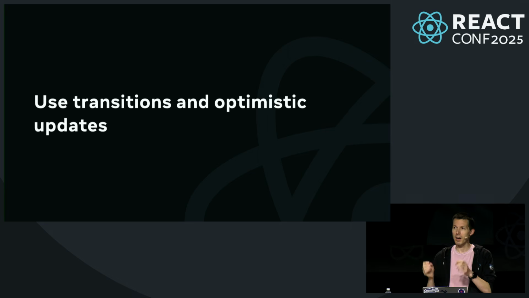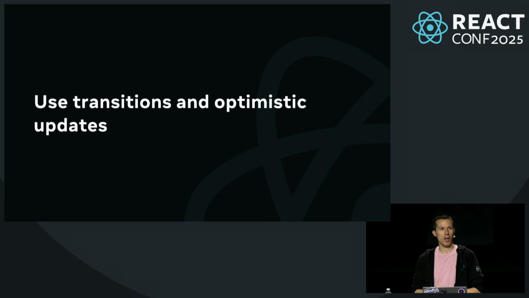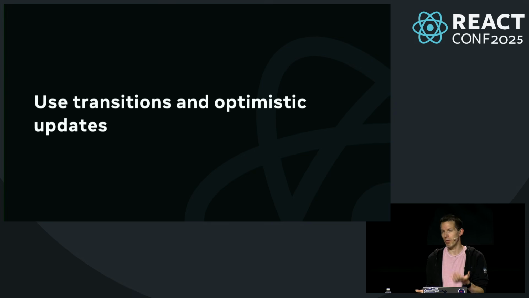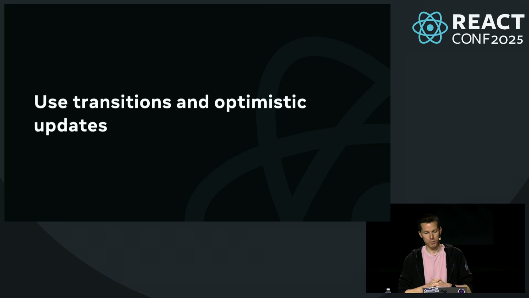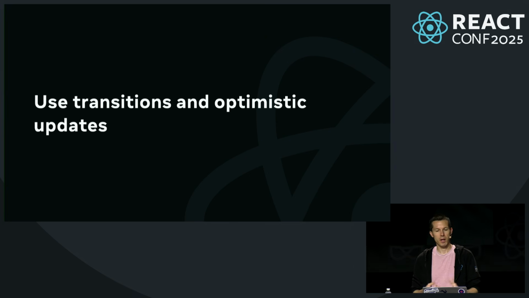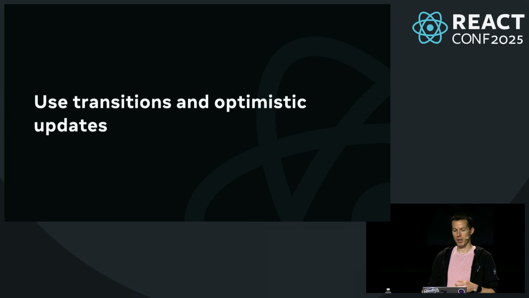Even if you're writing native code for mobile, for example, you will run into situations where it just takes more than a frame or two to render a very complicated surface. Not to mention, you can be waiting on a network. So transitions and optimistic updates and things like Suspense allow us to quickly respond to the user while preparing content in the background.